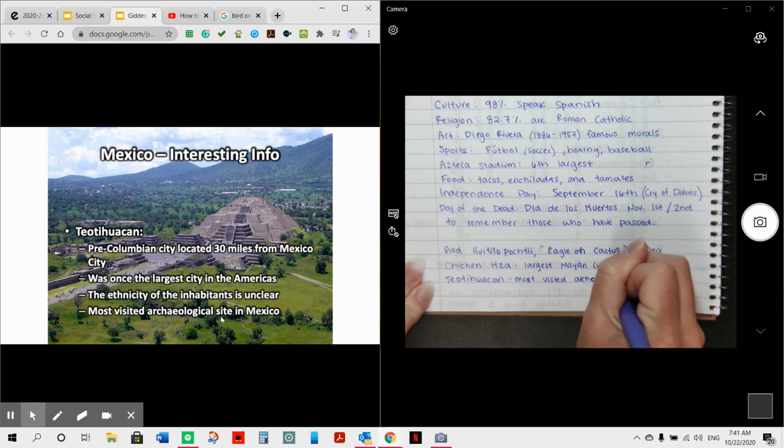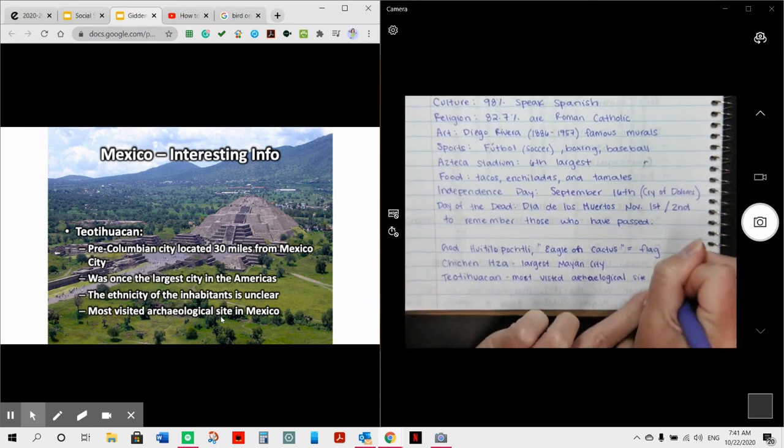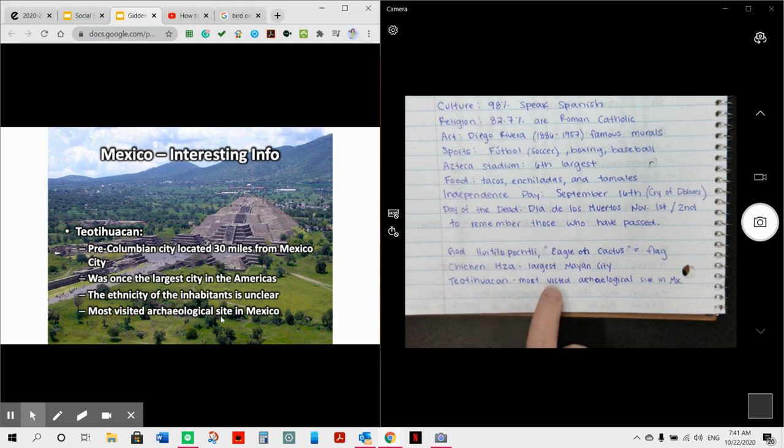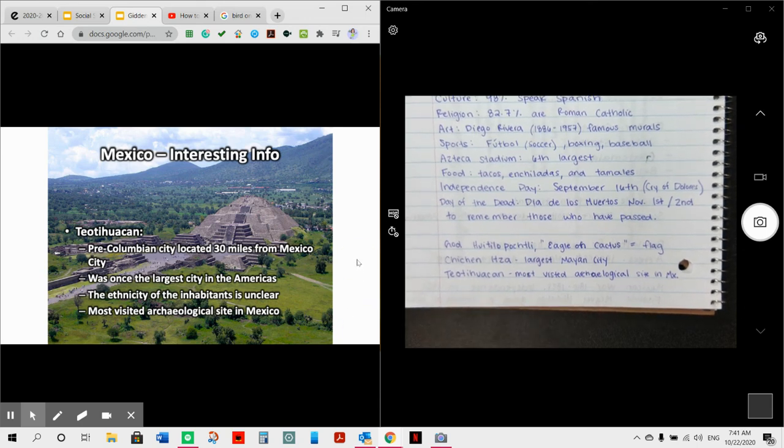I'm sorry if my hand is covering the notes. And I'm abbreviating Mexico, MX, but most visited archaeological site in Mexico. Okay, if you need to pause and make sure you can write down the notes.